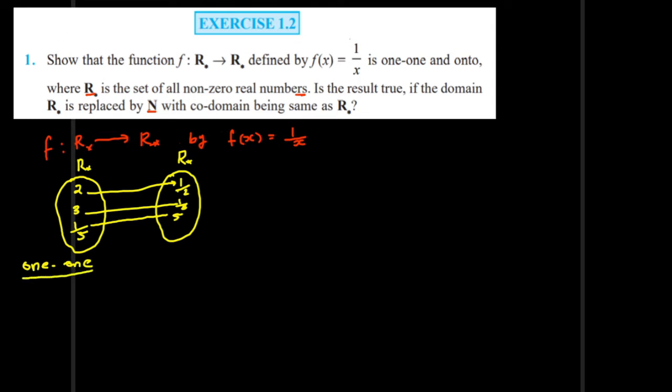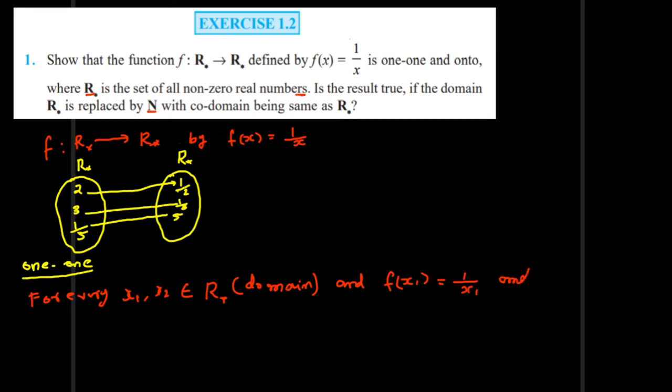We take x1, x2 belonging to R star, where R star is the domain. f of x equal to 1 by x, therefore f of x1 equals 1 by x1, and f of x2 equals 1 by x2.